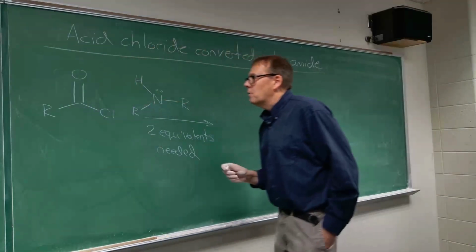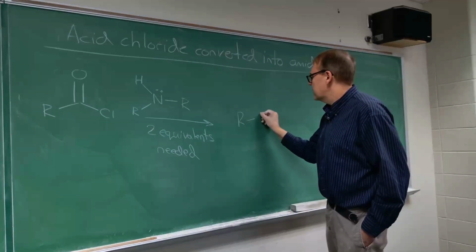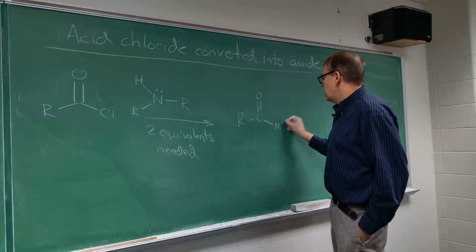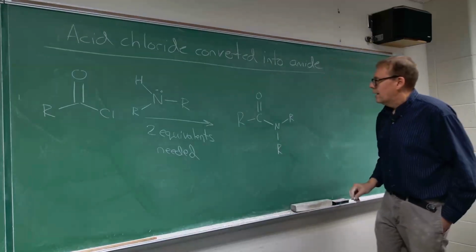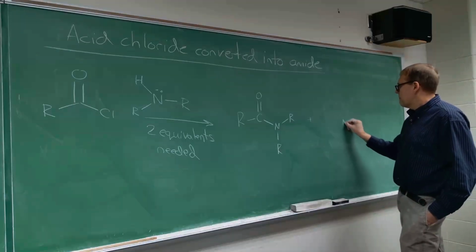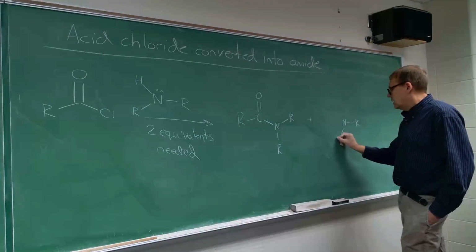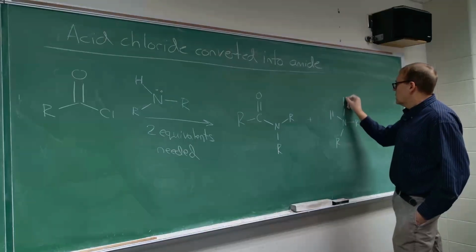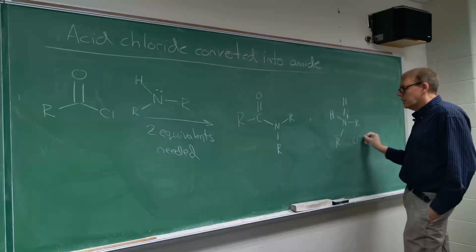And we'll talk about mechanistically why that is, but here's a hint. If you look at the products that come out of this, there is the amide, which was the point of doing the reaction. But then the other product is the protonated amine and a Cl minus.